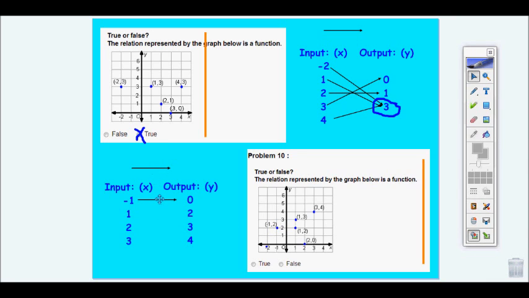So I'm going to go ahead and match them up. 1 here goes to 2, but it also goes to 3. 2 goes to 0. And then 3 goes to 4.